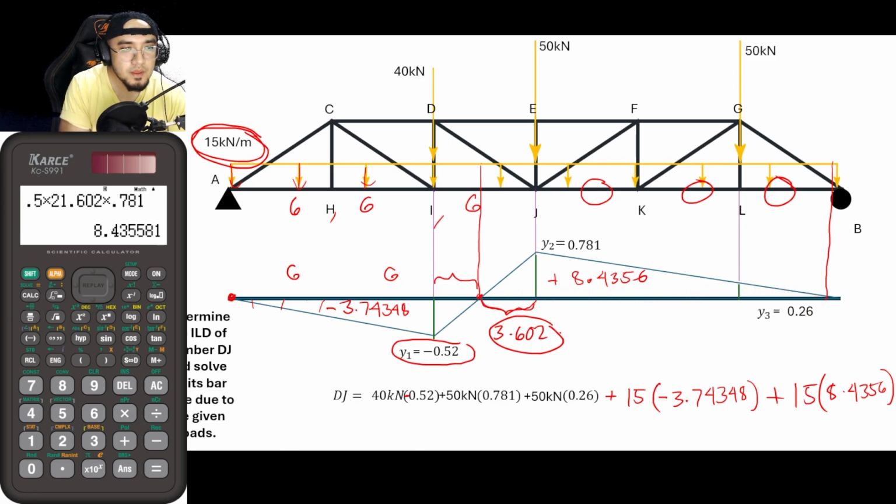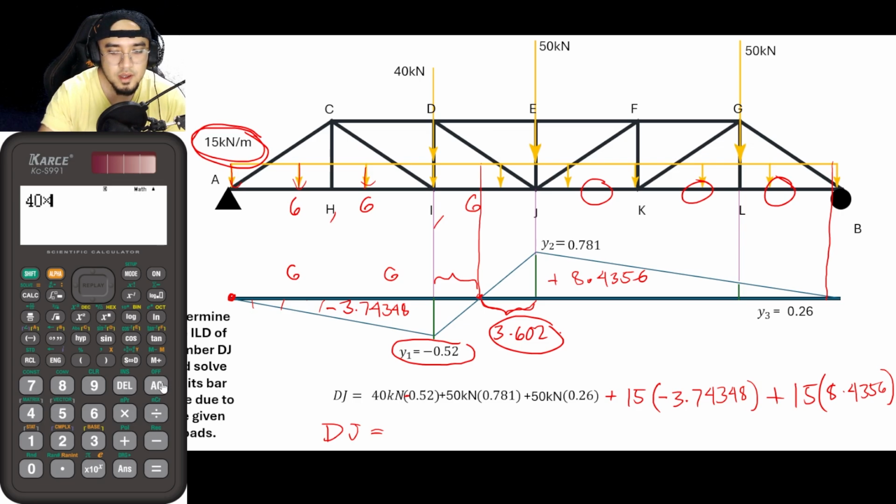Okay, so from that, guys, finally, we have 40 times negative 0.52 plus 50 times 0.781 plus 50 times 0.26 plus 15 times negative 3.74348 plus 15 times 8.4356.